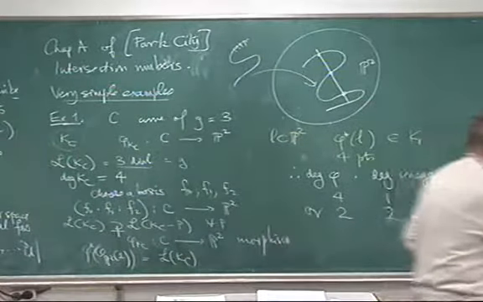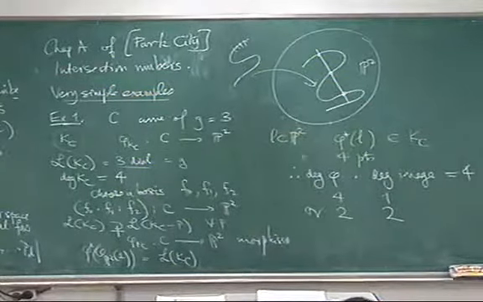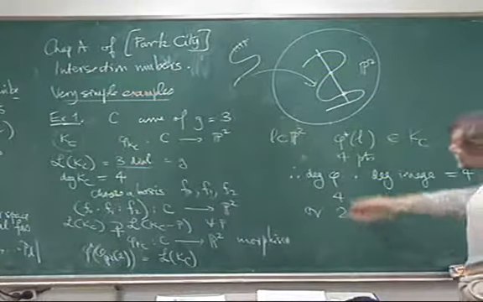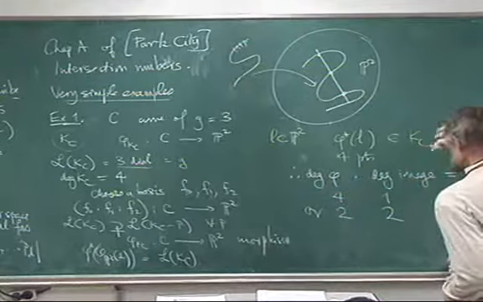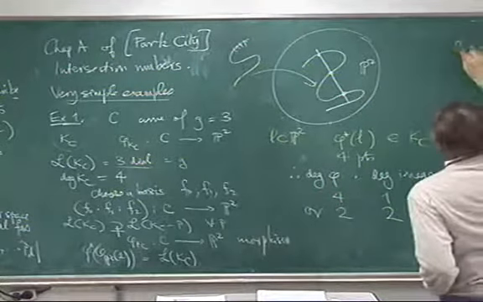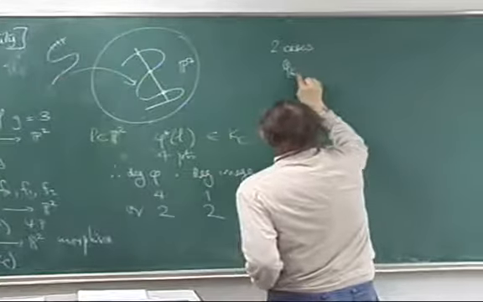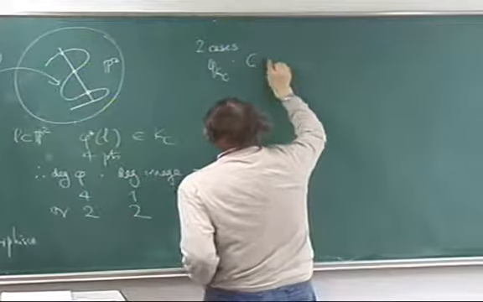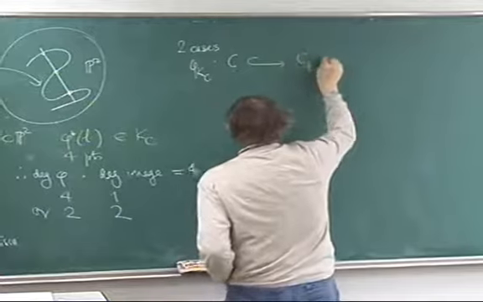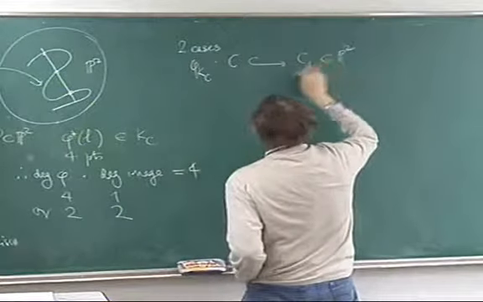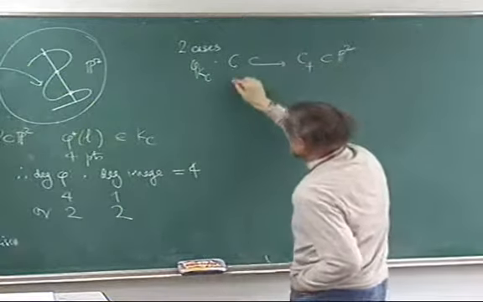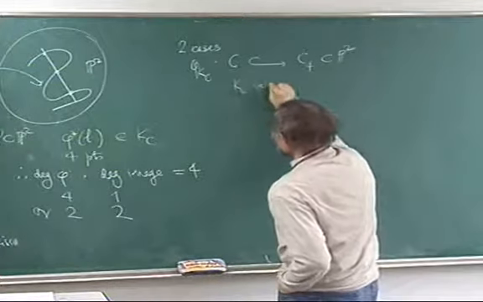So I hope everybody has seen this in the first exercise you do after you establish Riemann-Roch. So there are two cases. Phi Kc takes C and embeds it as C4 in P2. Right. So then we say that Kc is very ample.